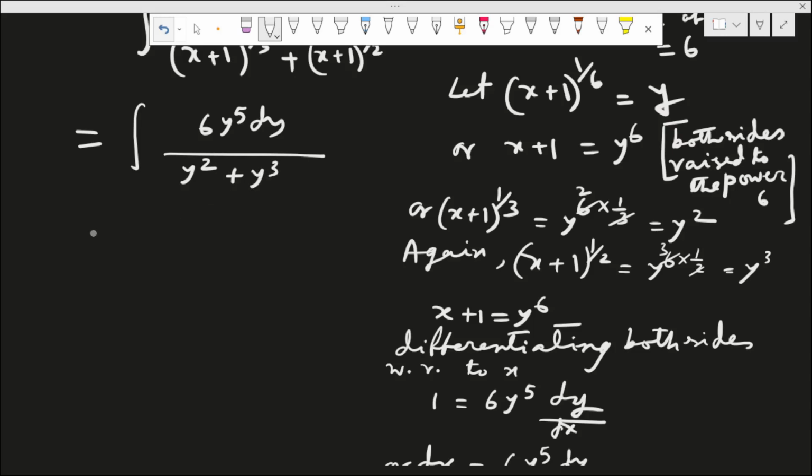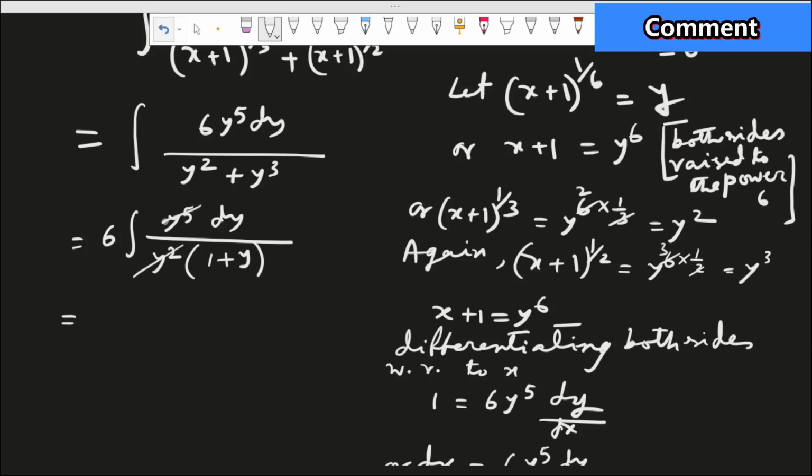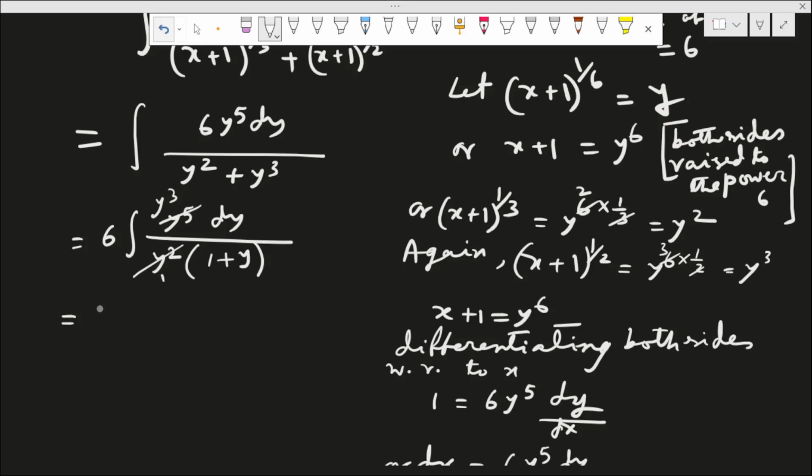Now take out common y square from the denominator: 6 outside, integration y to the power 5 dy, y square times (1 plus y). y square and y to the power 5 cancel, leaving y cube. So 6 integration y cube dy by 1 plus y.